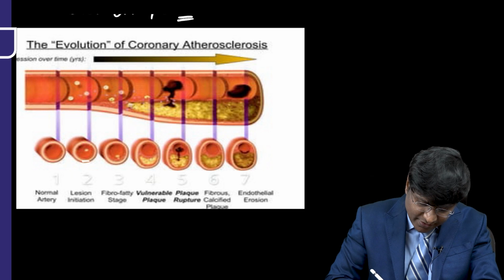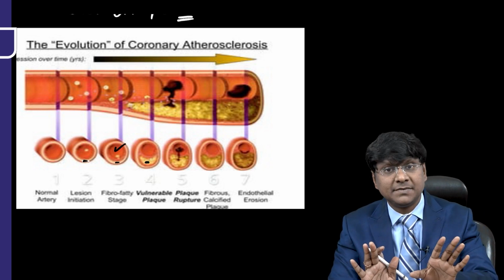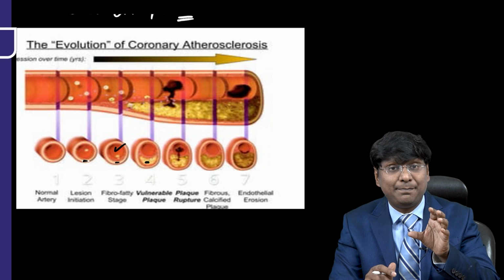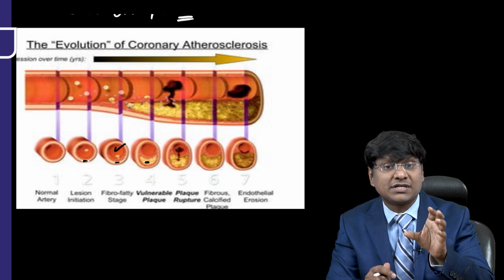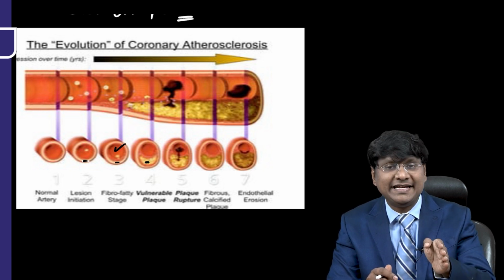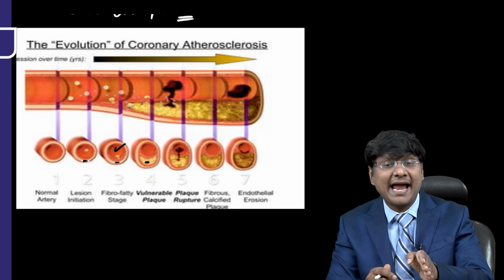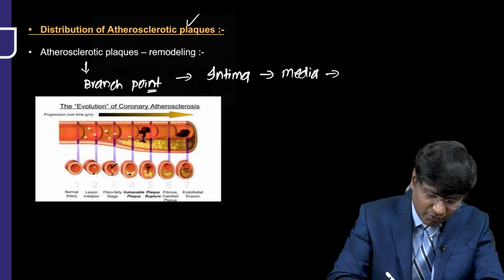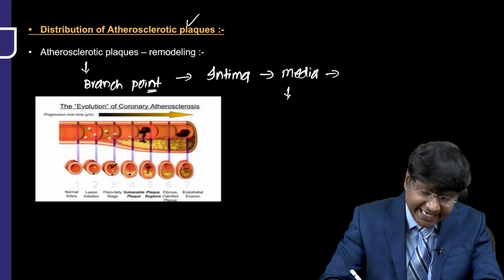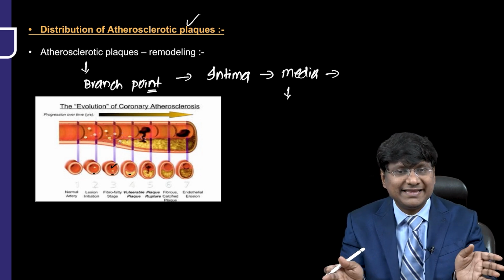When the plaque is present within the intima as well as the media, the lumen appears to be normal. Finally, the plaque encroaches the lumen.